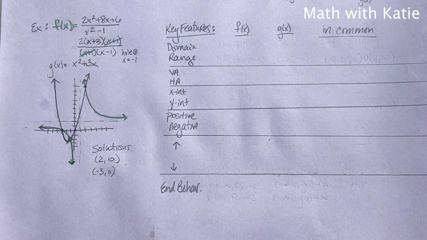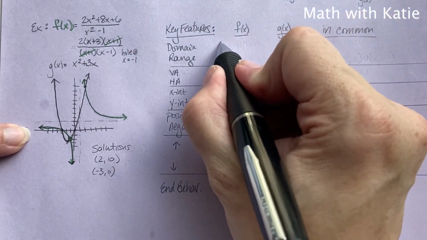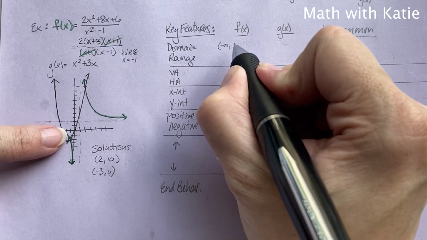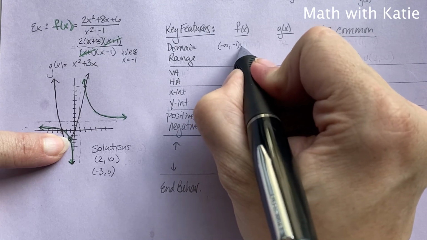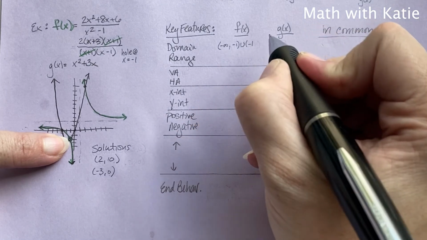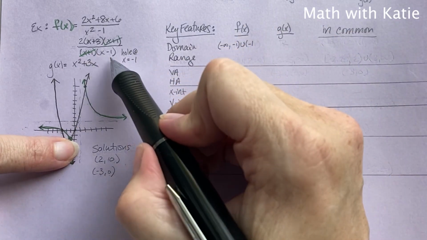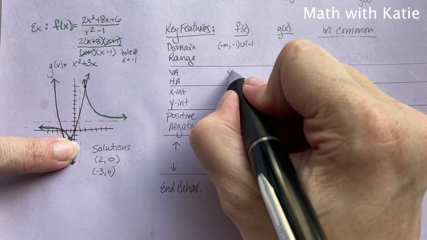All right, so what is our domain of f of x? Okay, it goes from -infinity to, right, the hole, -1, union -1 to our vertical asymptote of 1, because remember, our vertical asymptotes are the zeros of the denominator. So let's write that in.